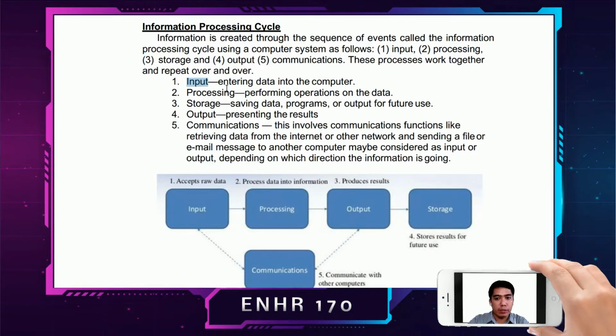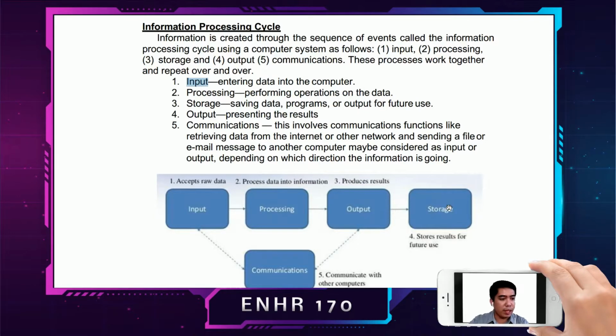Okay. So we have here input. This where you enter the data in the computer. And then processing, nakalagay dito yung the computer will perform operations based on the manipulation of the user, yung gumagamit ng computer. And then yung data will somehow be stored.